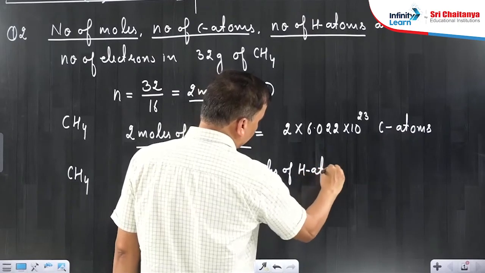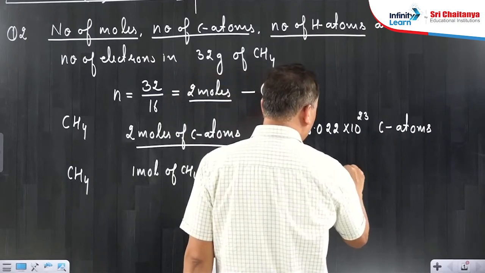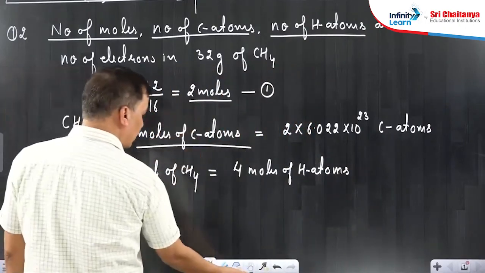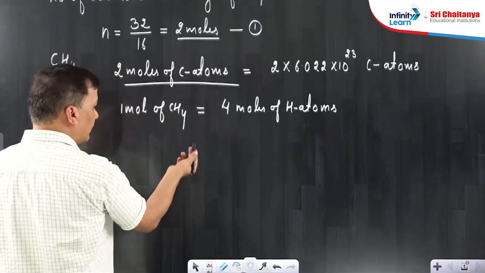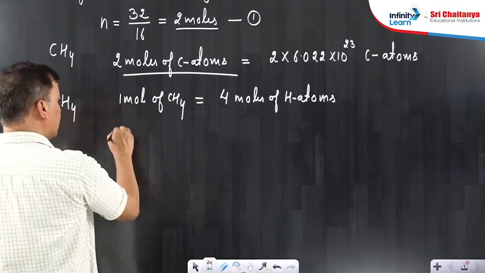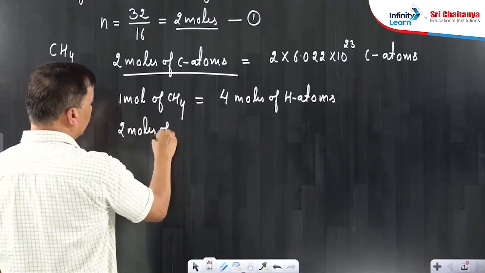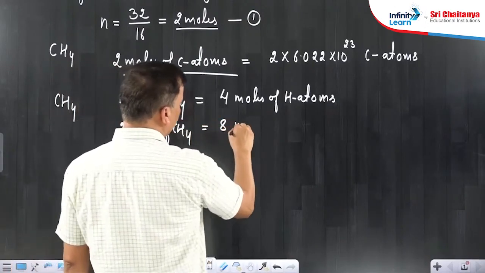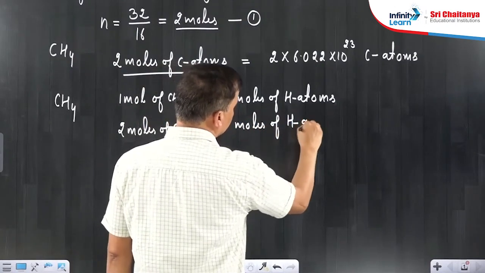There are 4 moles of hydrogen atoms. So then tell me, 2 moles of methane will have 8 moles of hydrogen atoms.